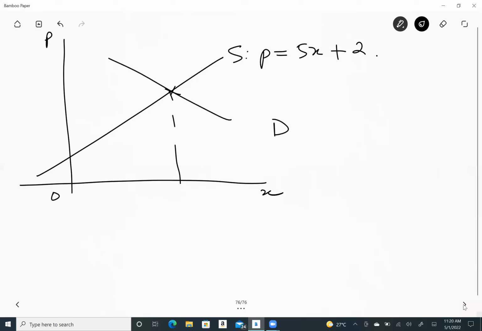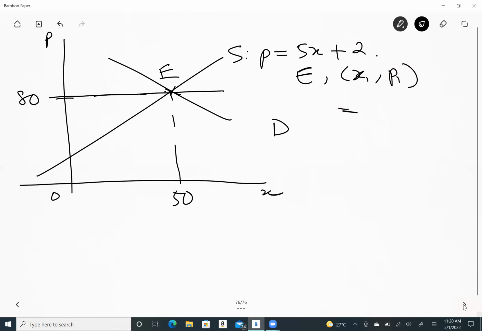You have an equilibrium because we just want to find the producer surplus, say equal to 50 here, and that one 80. So you got 50, 80.